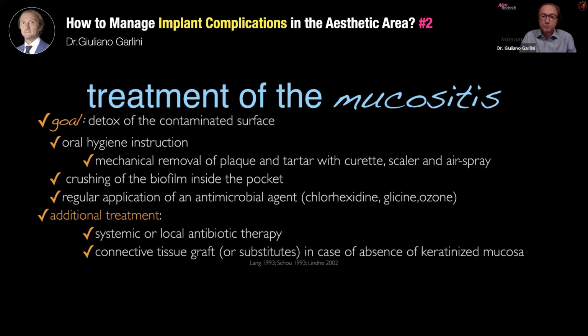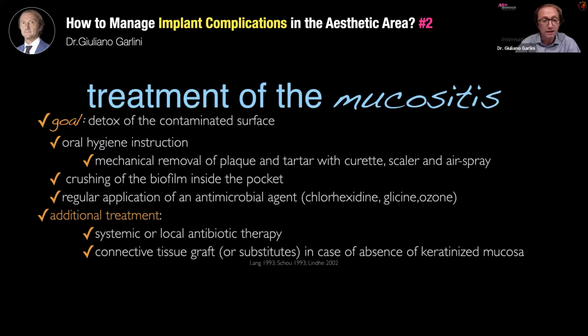If we are in front of a mucositis, the goal will be the detoxification of the contaminated surface of the implant, and to motivate the patient to have a correct oral hygiene. So we must give the patient the correct instructions on how he can maintain his implant.